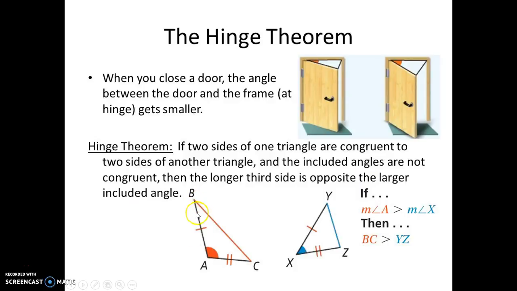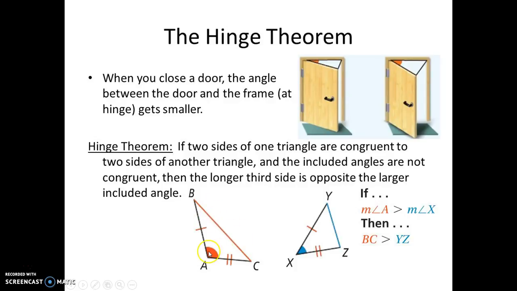So if you look at our picture here, we have a side here congruent with a side here with one tick mark, then the two tick mark side and the two tick mark side. And our if statement basically says if the measure of angle A is bigger than the measure of angle X, which you'll see here, then what do you think that will mean about the side opposite to the angle?